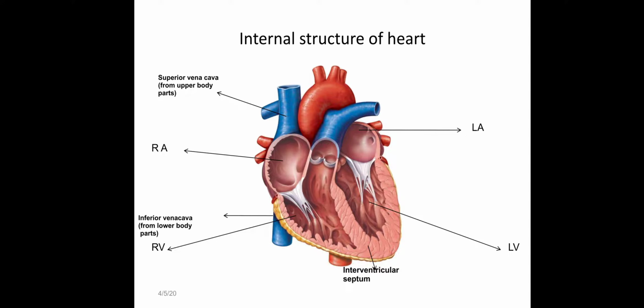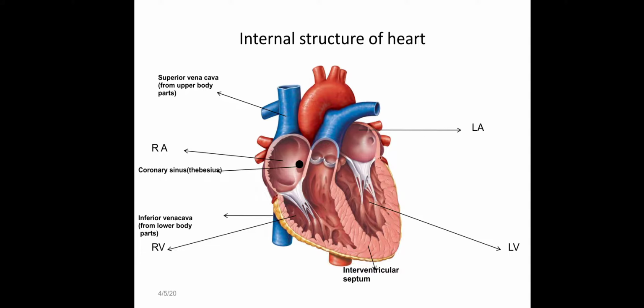There is one more blood vessel that brings deoxygenated blood from the wall of the heart, which is the coronary vein, that brings the deoxygenated blood to the right atrium through the coronary sinus. So there are three blood vessels that bring the deoxygenated blood to the right atrium: superior vena cava, inferior vena cava, and coronary veins through the coronary sinus.